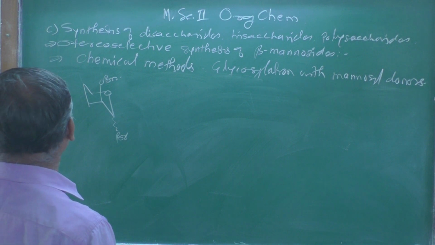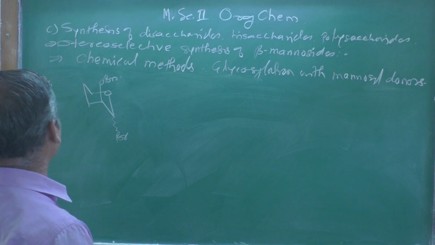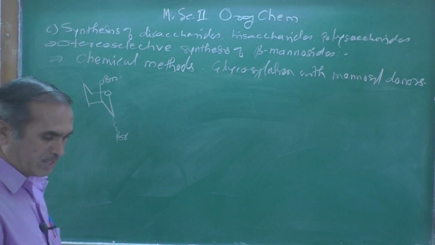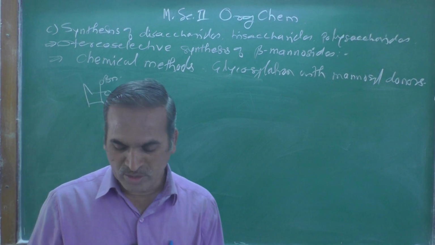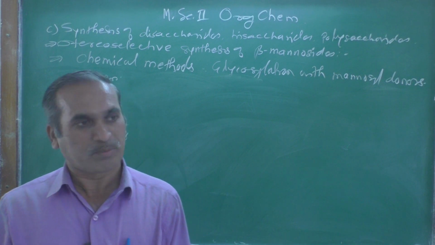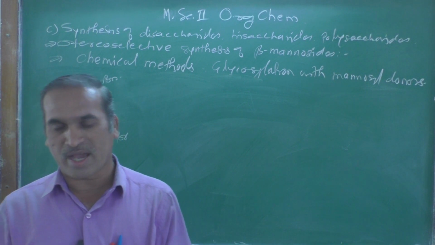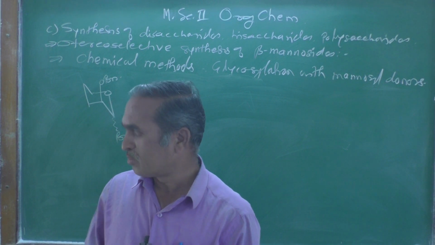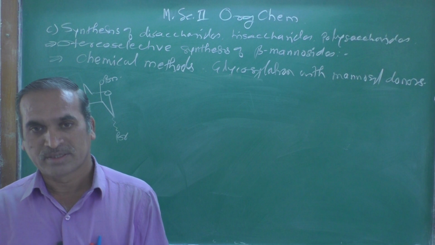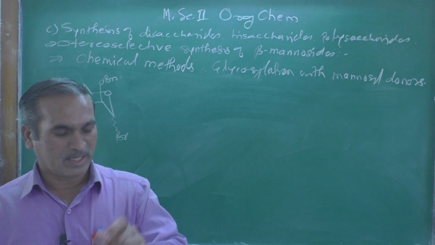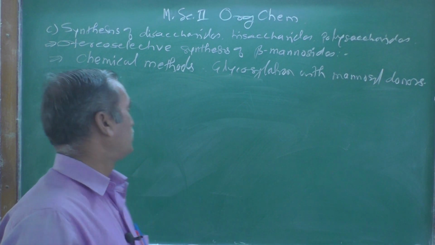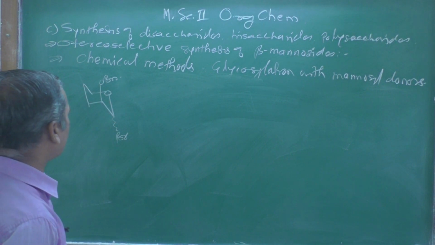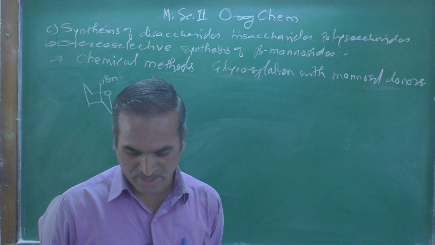Now the bulkier group which is present at axial position, even though there is a possibility of 1,3 diaxial interaction, it will be overcome by the electron donating group or the lone pair which is present on the oxygen atom.